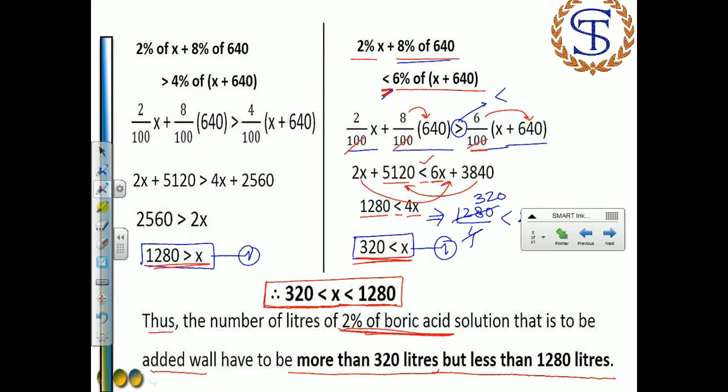By using this interval, we have the value of x. That is, if we add this much amount of 2% boric acid solution to the 8% boric acid solution, the resulting mixture will be between 4 and 6%. This is the right answer.